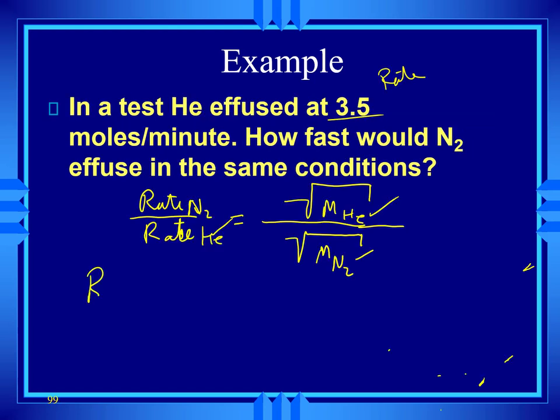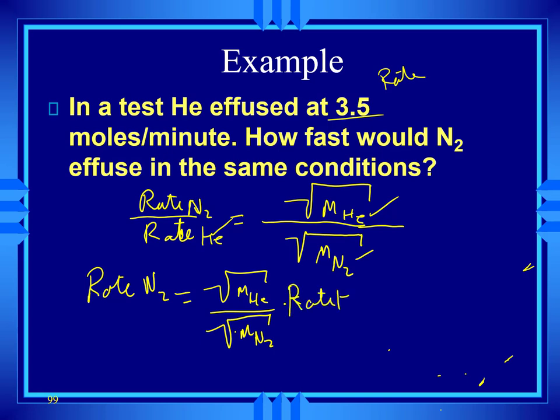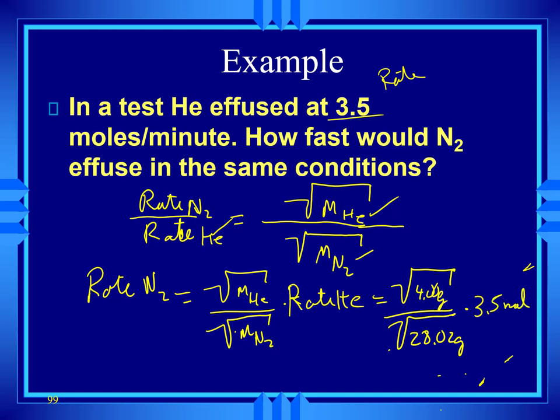So the rate of N2 is going to equal the square root of the molar mass of helium over the square root of the molar mass of nitrogen times the rate for helium, which is the square root of 4 grams divided by the square root of 28.02 grams times 3.5 moles per minute. You notice the grams cancel out, leaving me only units I want. And you push those buttons, you will get 1.3 moles per minute.